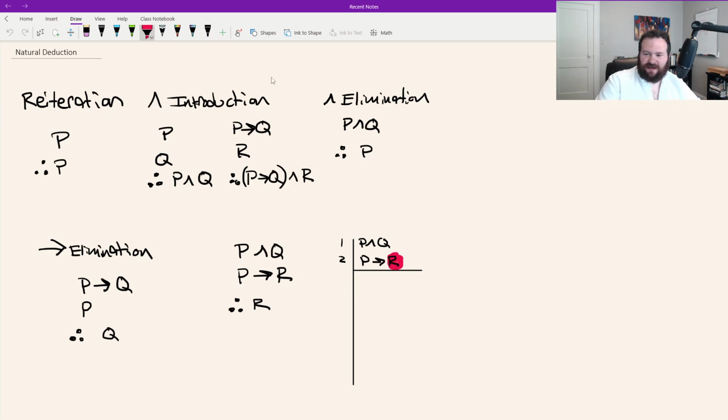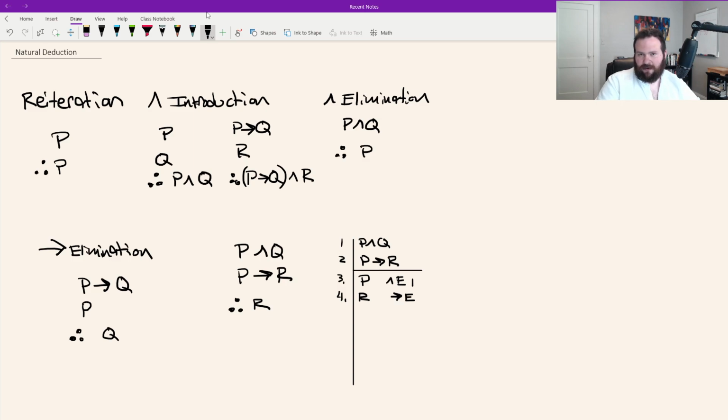Well, I notice that R is here in my premises and that it's behind a conditional. So I know that I need to somehow get the left side of that conditional free. Well, as it would happen, I have the left side of the conditional in a conjunction, and I know that when I have a conjunction, I can break it apart, right? That's and elimination from line 1. Now that I have it by itself, I can get R using conditional elimination.